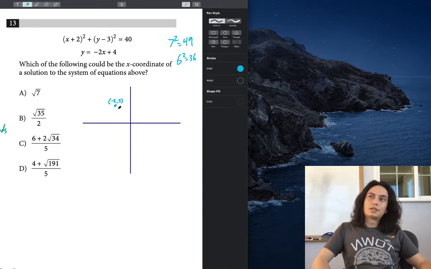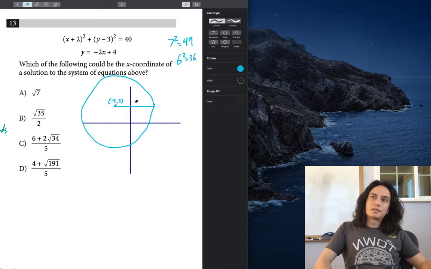If I'm just ballparking it, it's actually a pretty wide circle, a big circle. I'm just making a really crappy drawing, but it is pretty big. The radius is like 6-ish, call it 6.5-ish. And more specifically, it's √40. That's how long the radius is.